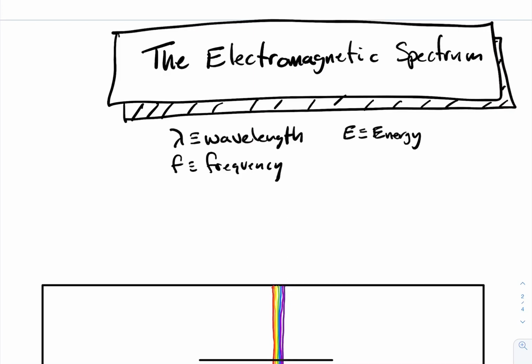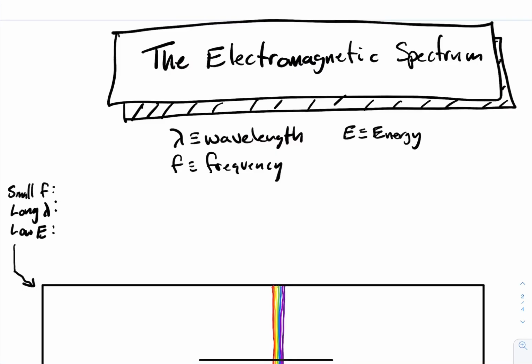And so the left side of our rectangle that we have drawn is going to represent low frequencies or small frequencies, long wavelengths, and low energy. So another way we could have said this would be small. I kind of like that better. I'm going to say small frequencies.